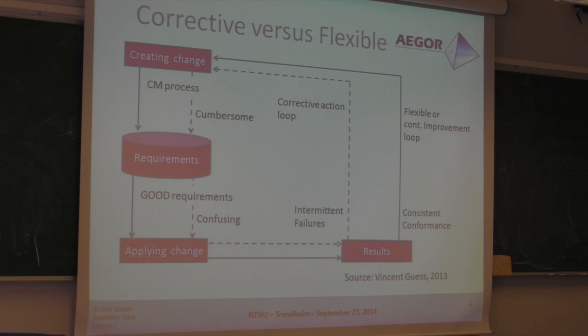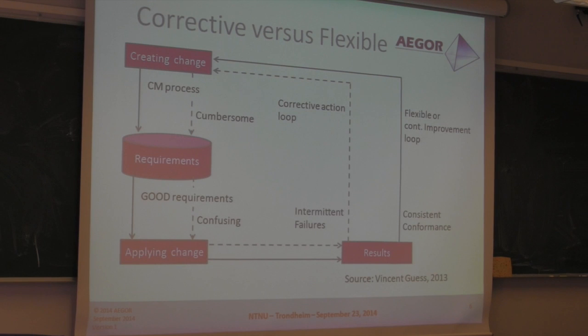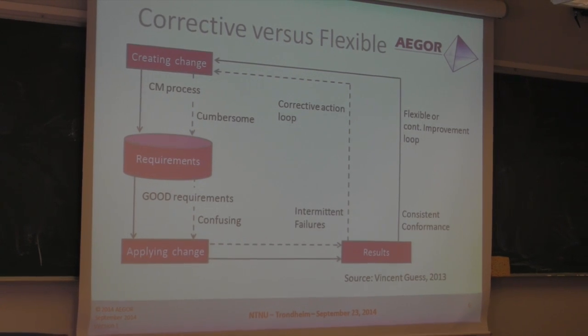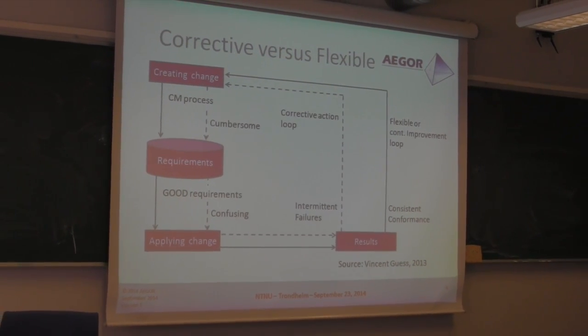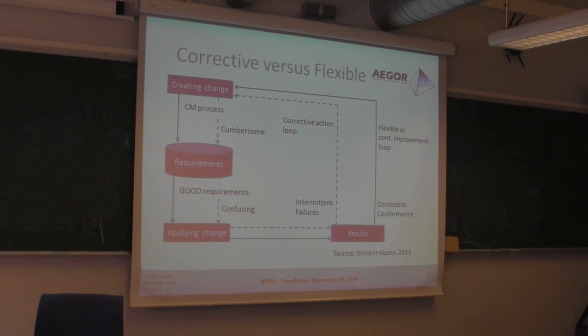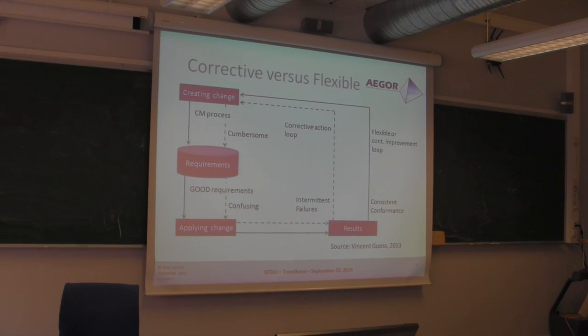You find the same identifications for different requirements, etc., and you get confusing applications, and the results will give you all kinds of failures at unexpected maintenance, which have to be in rework and corrective action. You have to do it well.